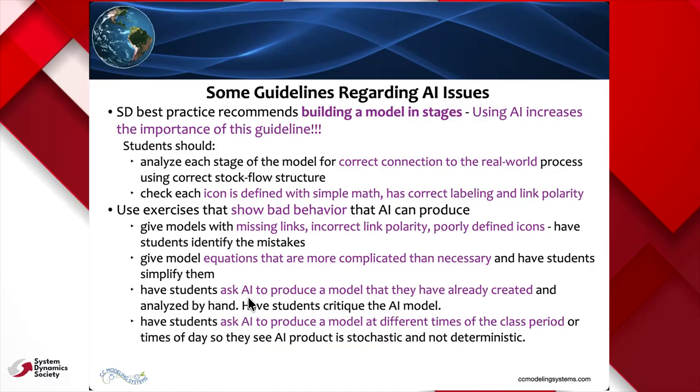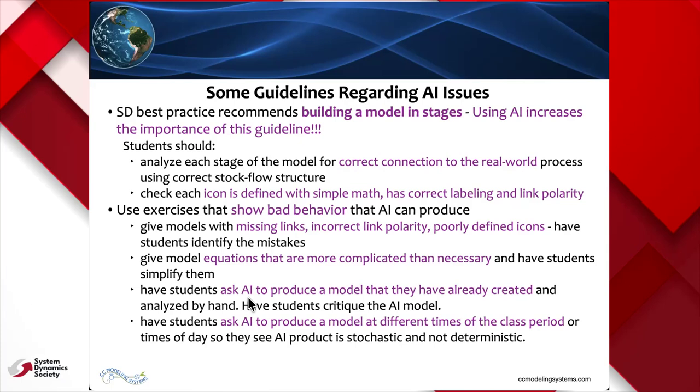The other thing is AI is based on probability matching, not on always doing the same thing every time you ask it to do something. So you should ask them to have AI build models at different times during the class period, because they probably will get something a little different, to help them realize that AI is not deterministic.